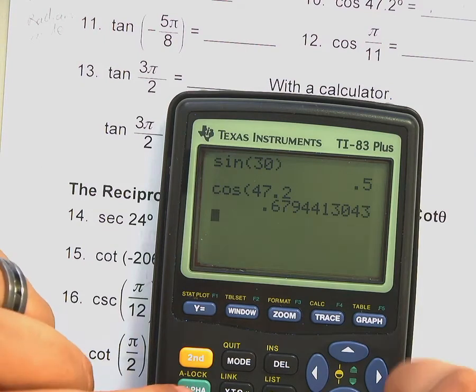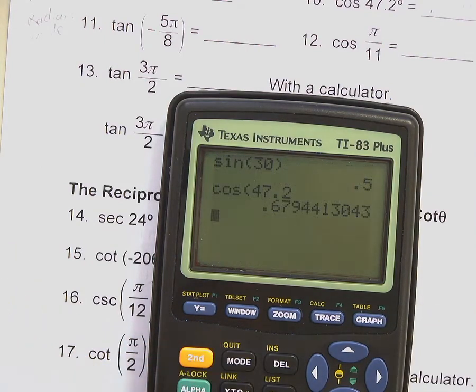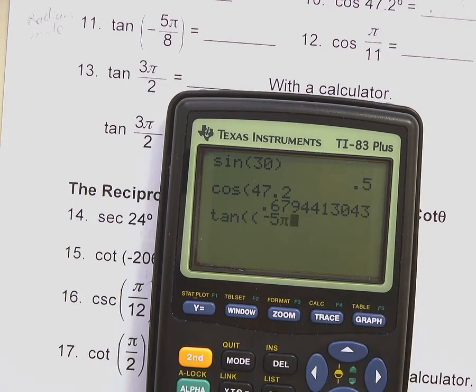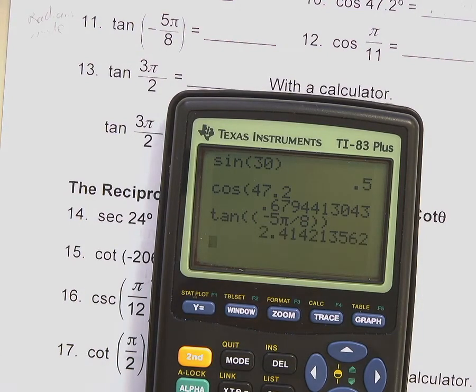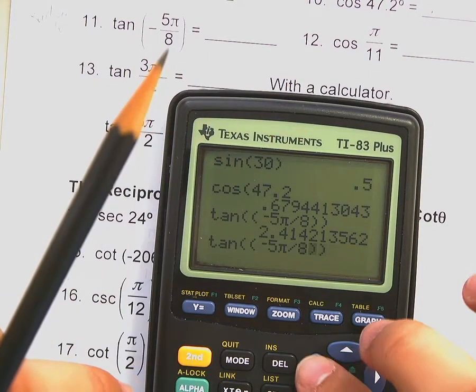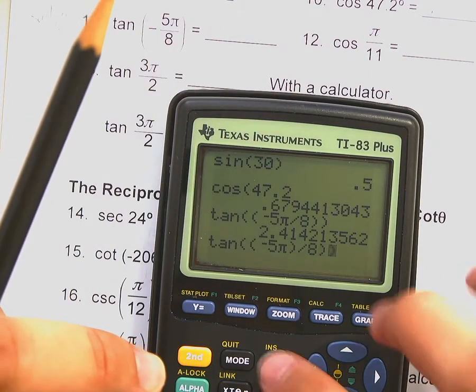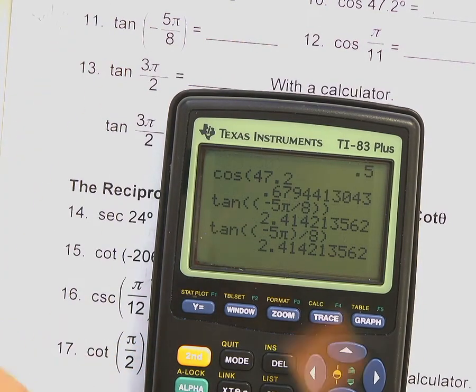Now I'm going to go to mode, and I'm going to click on radian, and I do tangent of -5 pi divided by 8, like that. Oh, I messed up. There we go. Oh, it's the same thing.